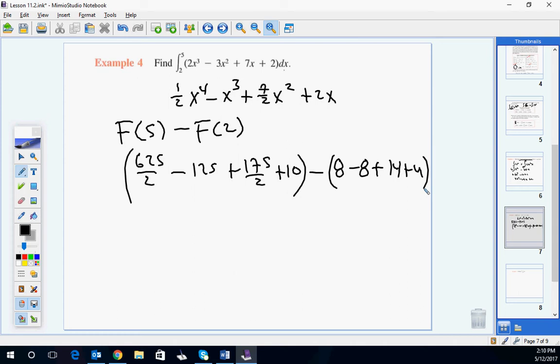So if I subtract these, that gives me 550. Oh, that's an addition. That gives me 800 over 2, 400 minus 125 gives me 275 plus 10, 285 minus 28.